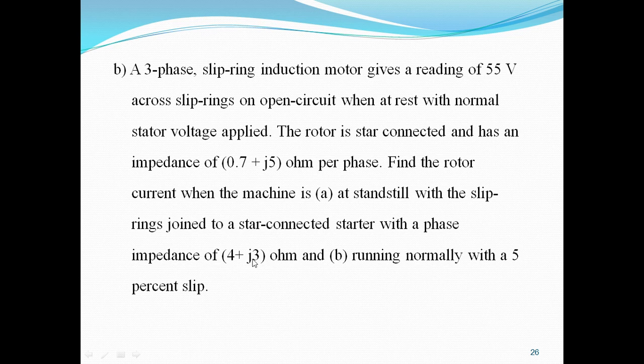That means external resistance is added at the time of starting. Second, running normally with 3% slip. Here, when running, the external resistance is disconnected. So you have to calculate the rotor current at starting with this resistance connected in series with the rotor, and again the rotor current when running normally with the external resistance removed and a slip of 5%.